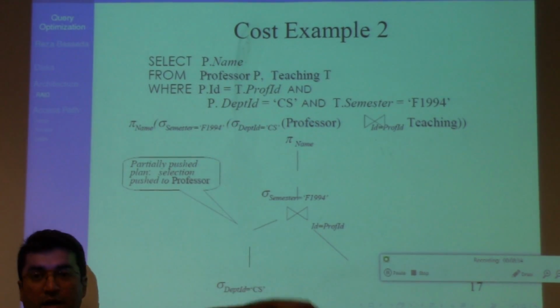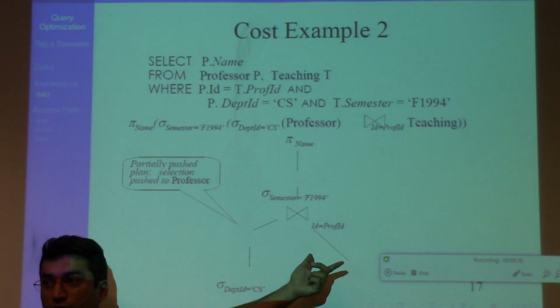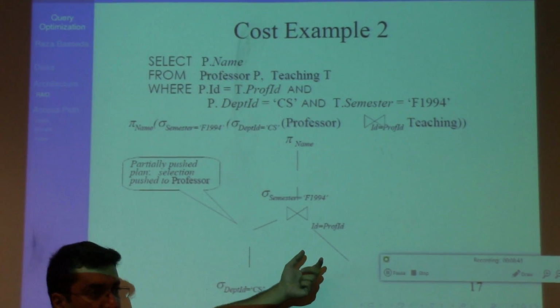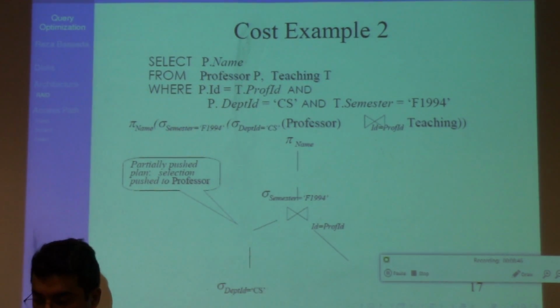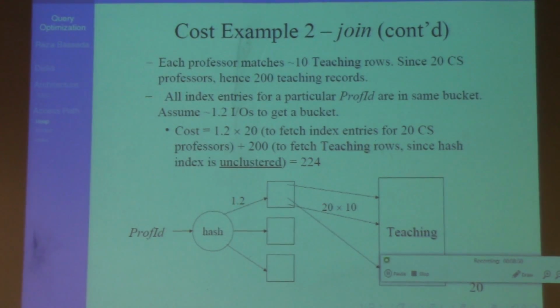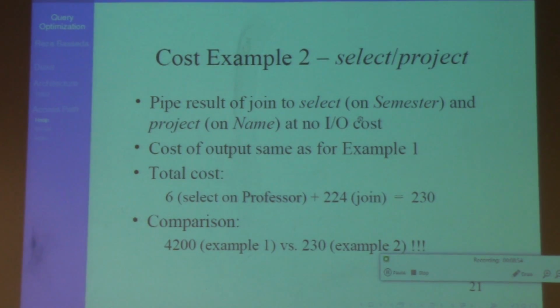Do I need to write down when I'm doing natural join? No. Why? Because already the code is in the memory. So simply I can check if the semester is matching or not. If it is matching, then output. So the selection and projection can be improved at the cost of nothing using pipeline.